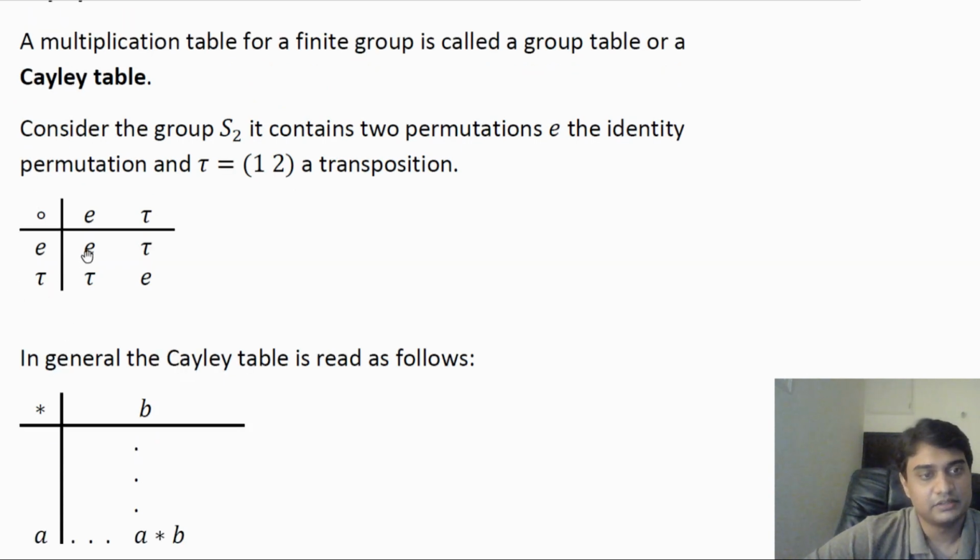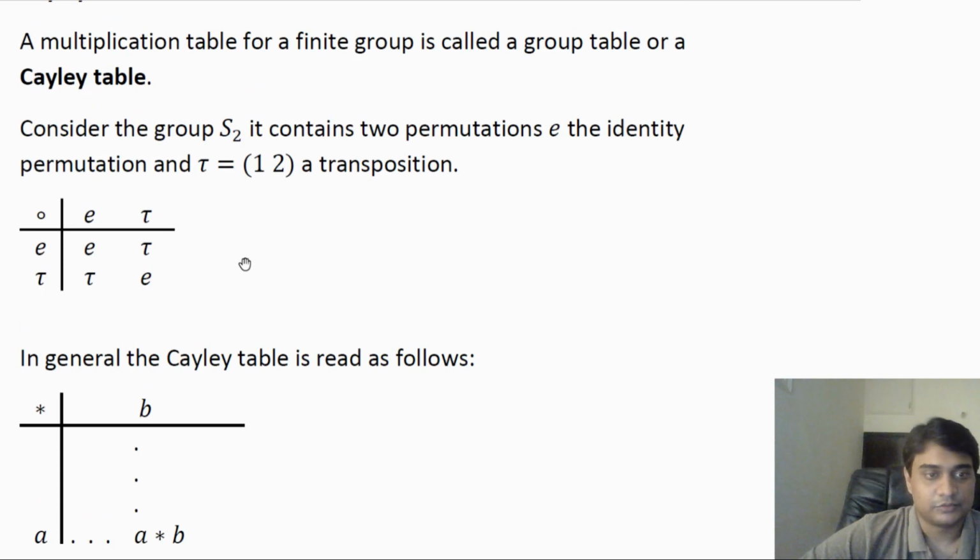Then in the body of the table, we write the results. In the first row, E times E is E and E times tau is tau, and the second row is tau times E. Tau composed with E is tau, and tau times tau is the identity.